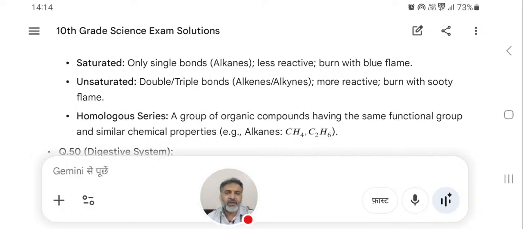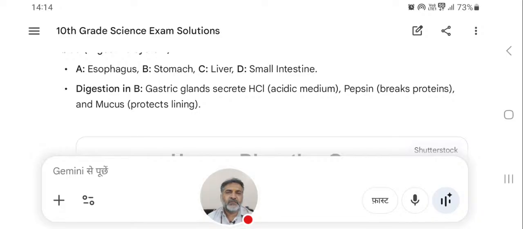Question number 50, digestive system: esophagus, stomach, liver, small intestine. Explain the digestion process in B. Gastric glands secrete hydrochloric acid, and pepsin breaks down protein in the acidic medium, and mucus protects the lining.